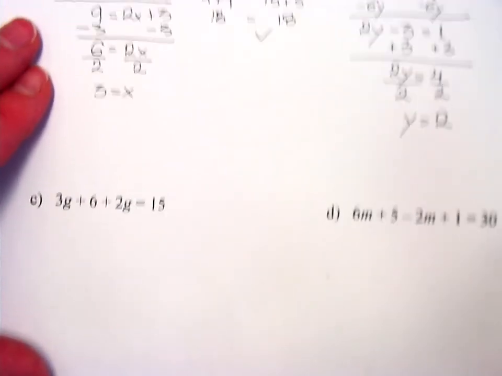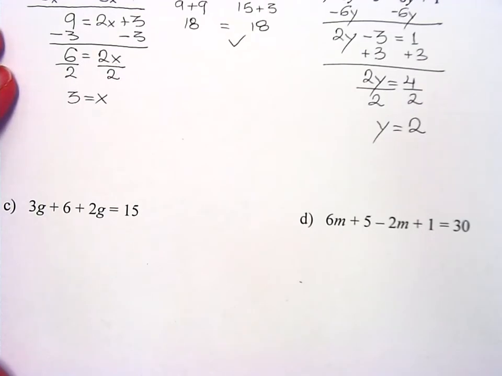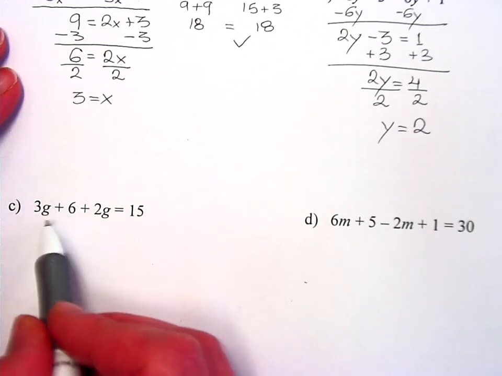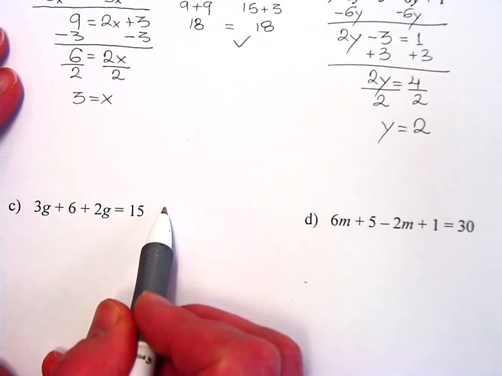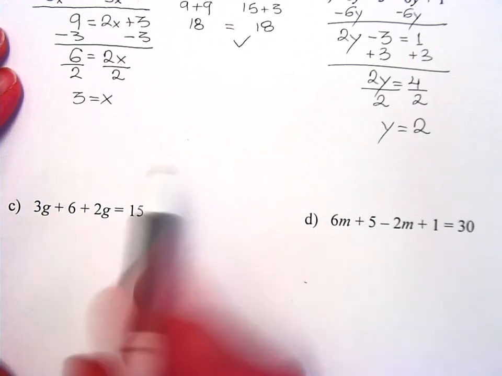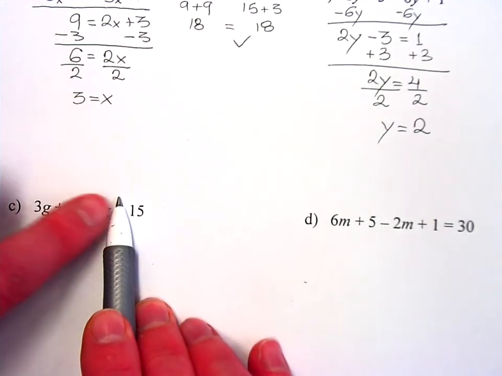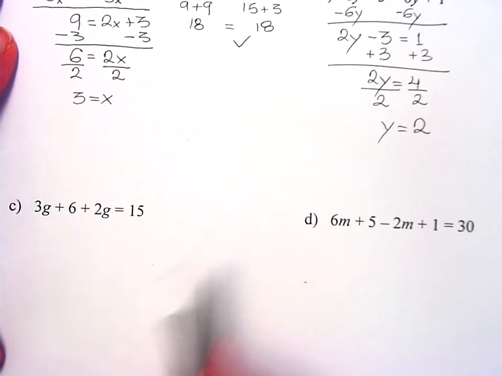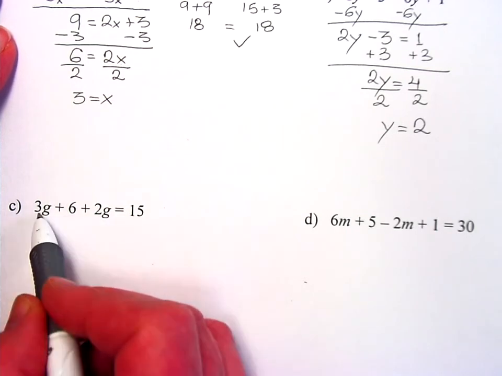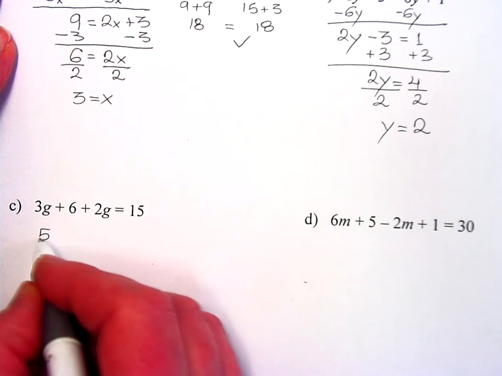Now let's look at example C. In example C, I don't have variables on both sides. I actually have these two variables that are on the same side of the equation. You see the equal sign. So they are both on the left side of the equal sign. That means I can actually combine those two. 3g plus 2g will give me 5g.